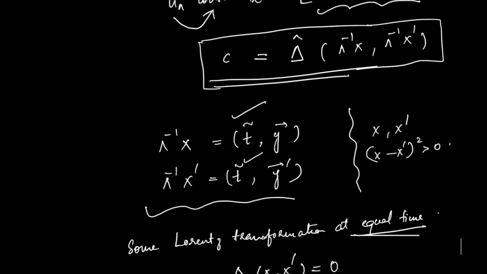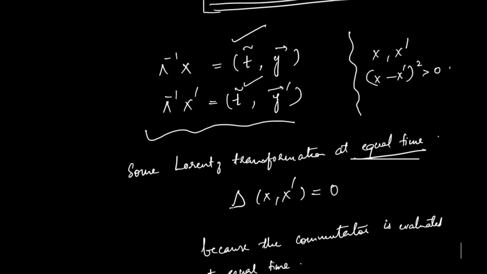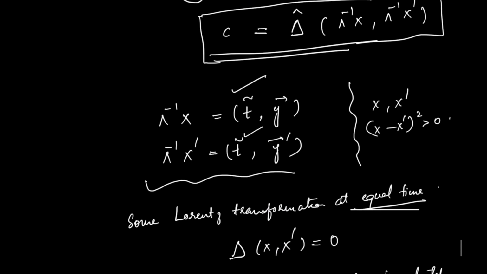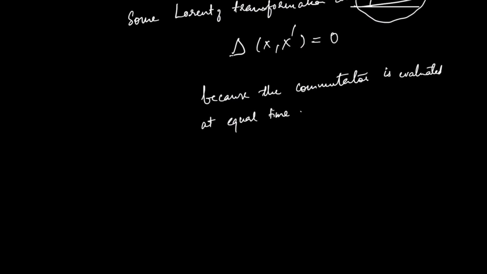So we have proved that there can exist a Lorentz transformation at equal time, right? The second property also shows that, when we talk about canonical quantization, we need to impose the equal time commutator to be 0.